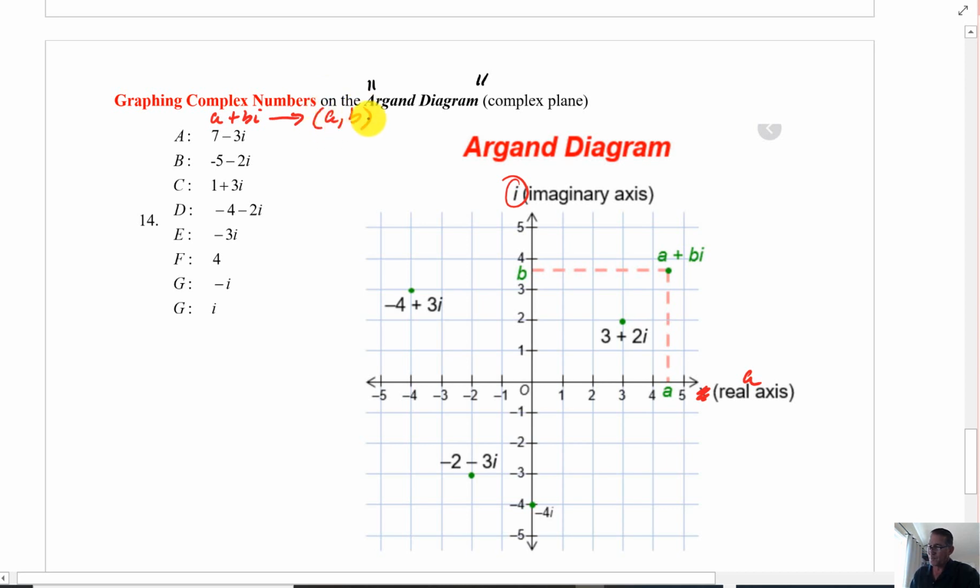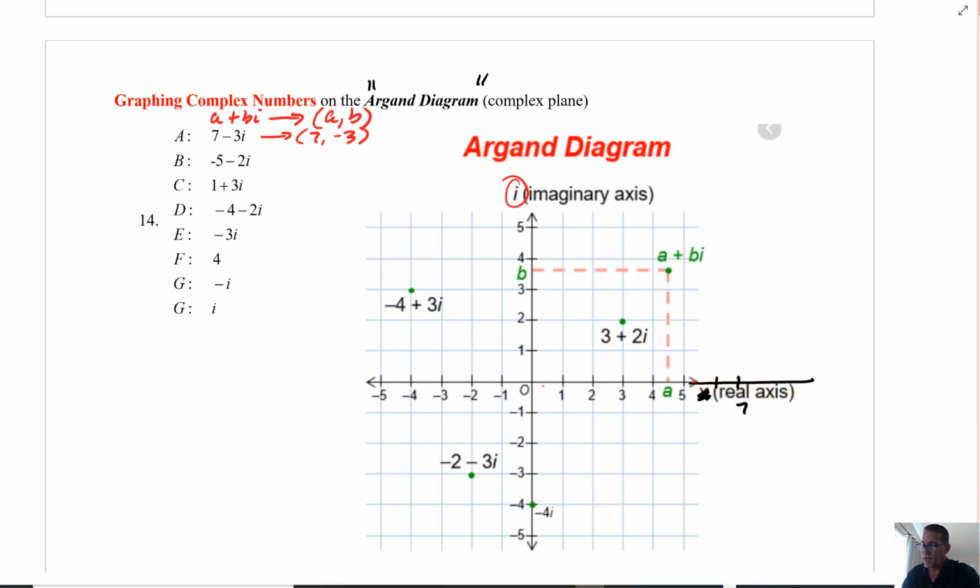So for example, 7 minus 3i can be interpreted as 7 comma negative 3. So you go 7 to the right on the real axis because it's positive. 1, 2, 3, 4, 5, 6, 7. So 7 is right about here.